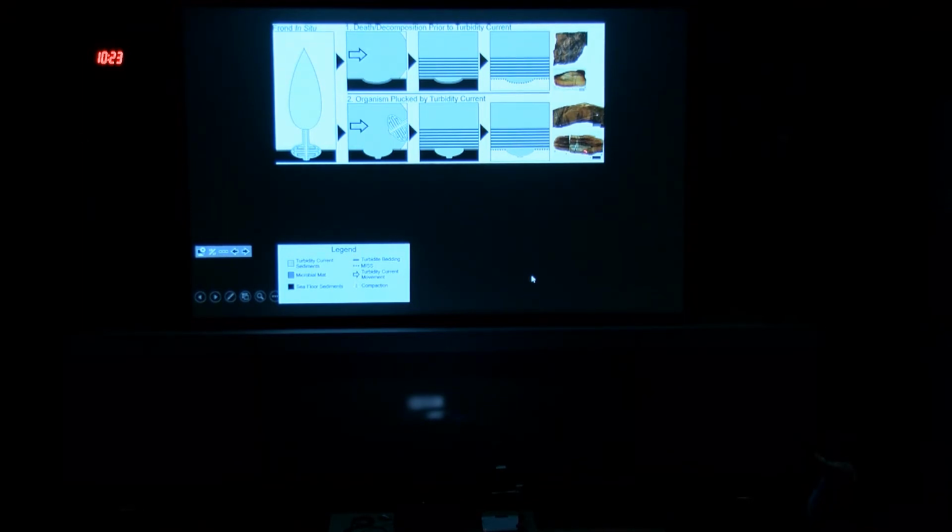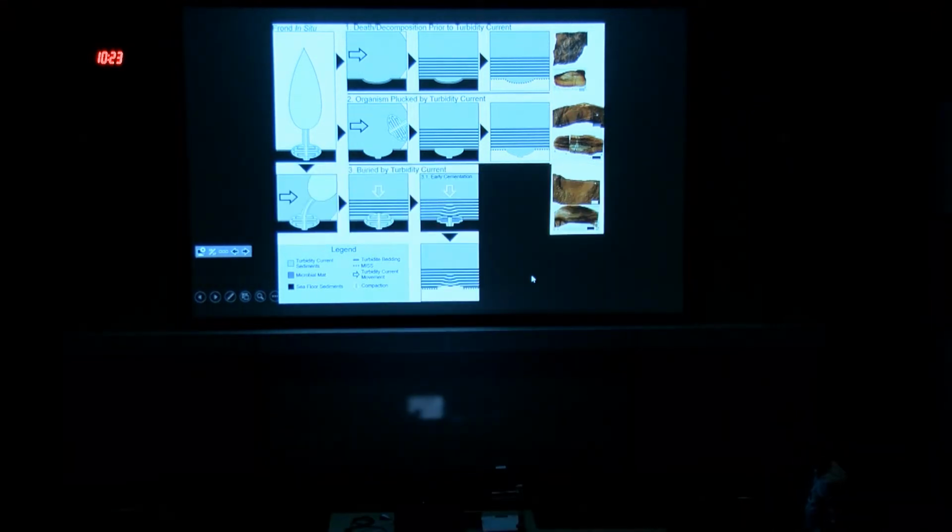So once again, you don't see any change in the sediment layers, but you do see a difference between the disc itself and the texture of the microbial mat. Third option is you could have it buried by the turbidity current. And with the high carbonate content of the sediments in the dune beds, you could have early cementation before full decomposition, and what you get is a negative relief specimen that shows evidence of collapse directly above the disc.